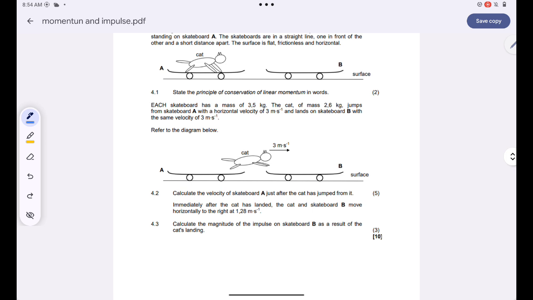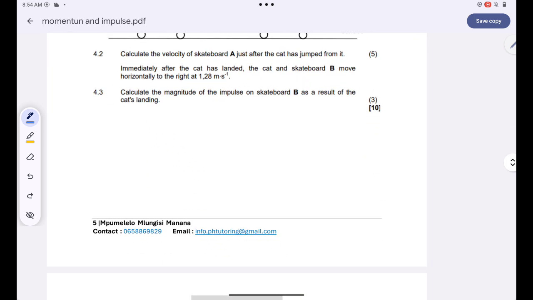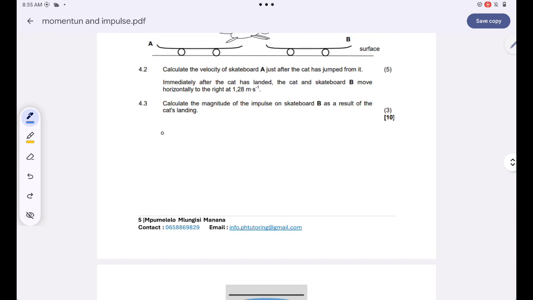They've illustrated the movement of the cat here. First question, they want us to calculate the velocity of skateboard A after the cat jumped.